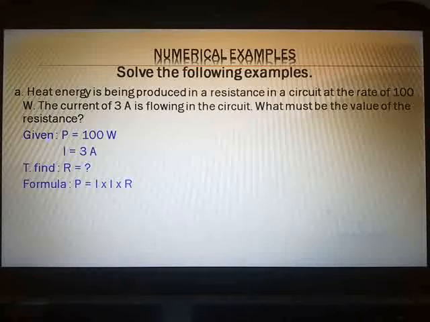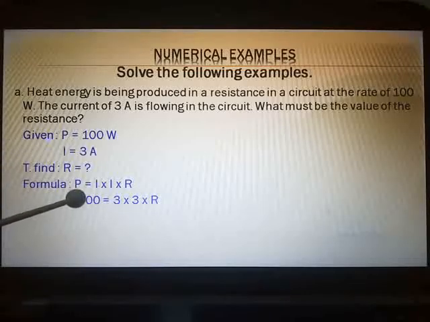Some children will use the formula P is equal to V into I. You have P and I, so they will get the value of V, and then by using Ohm's law, V is equal to IR, with the V value and the I value, you can find R. This is another way of solving the same numerical. You can go ahead whichever way you feel is easy. I feel P is equal to I square R is the easiest way, so I have selected that.